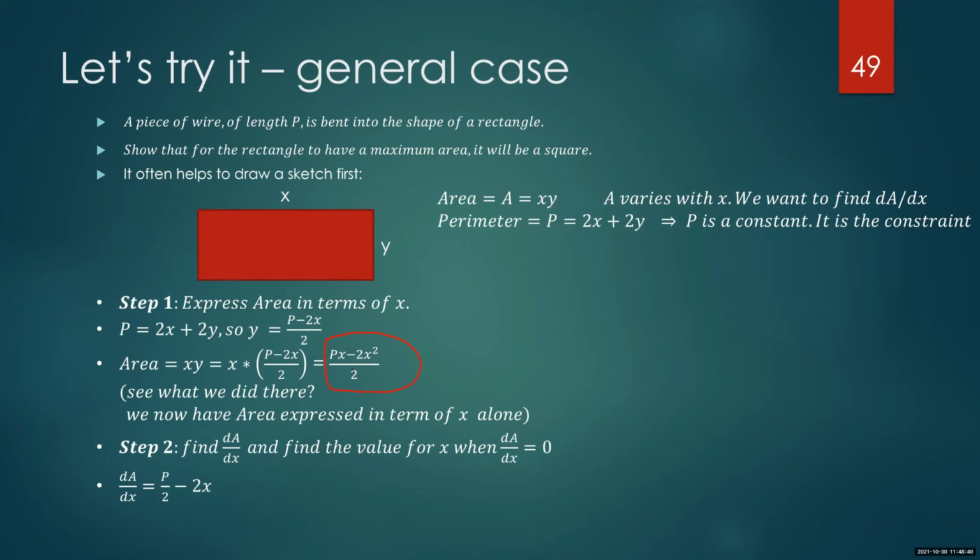So dA dx is equal to p over 2 minus 2x. And so dA dx is equal to 0 when 2x is equal to p over 2. That means x has to be p over 4 for dA dx to be equal to 0.